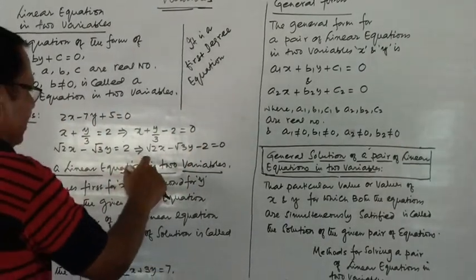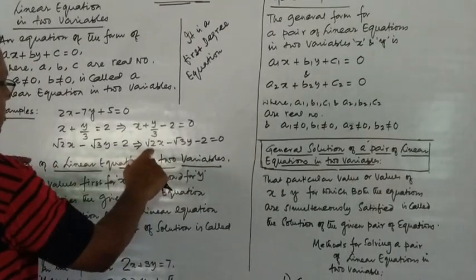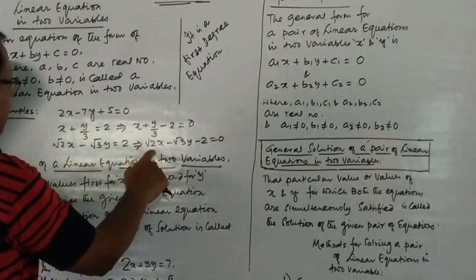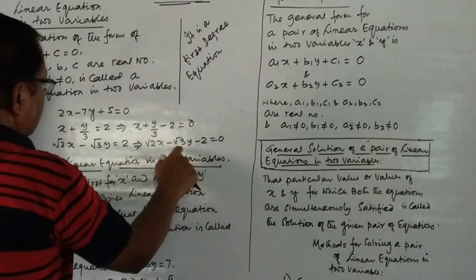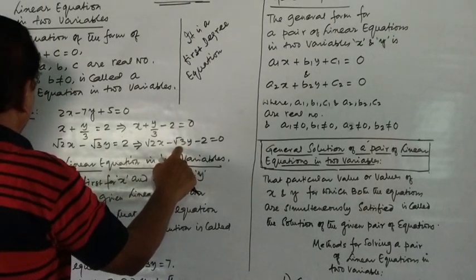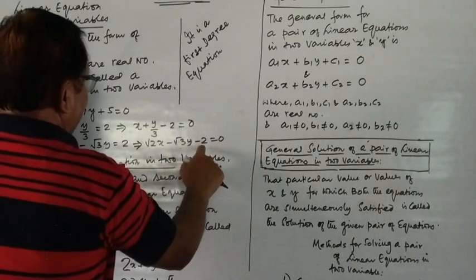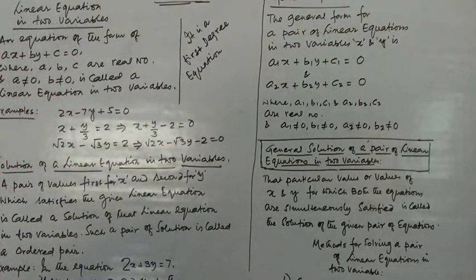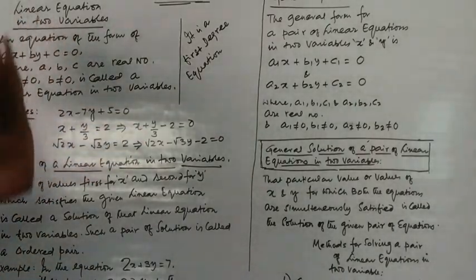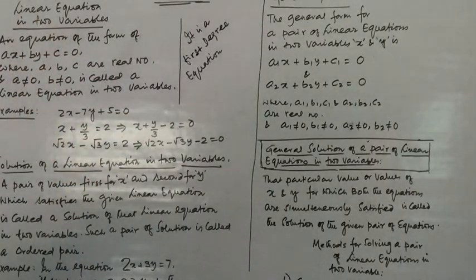You will take coefficient of x, root 2, so a = root 2, coefficient of y is -root 3, so b = -root 3, and the constant term c = -2. Yes, so this is the example of the linear equation in two variables.